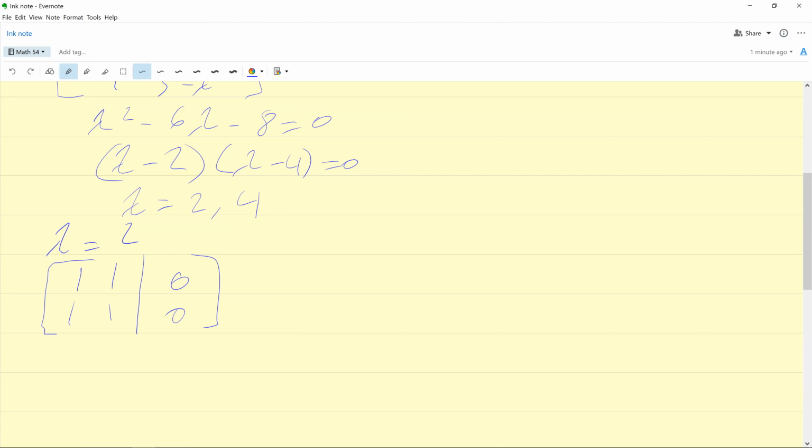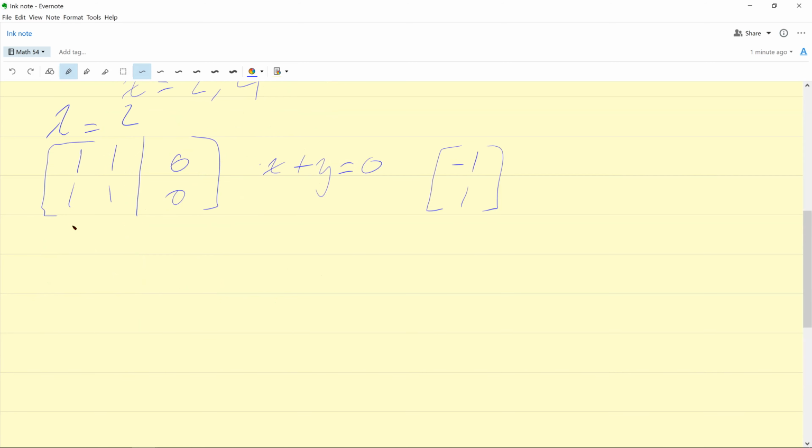I got (-1, 1). Right, so we have x plus y equal to 0, so we have (-1, 1). Then the other matrix is [[-1, 1], [1, -1]]. And for this one, what did you get? I got (1, 1).